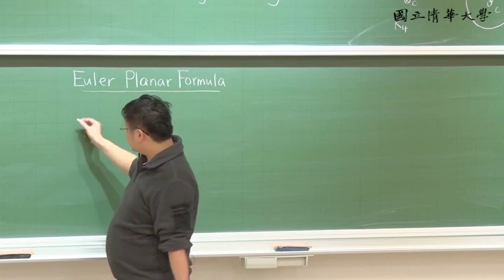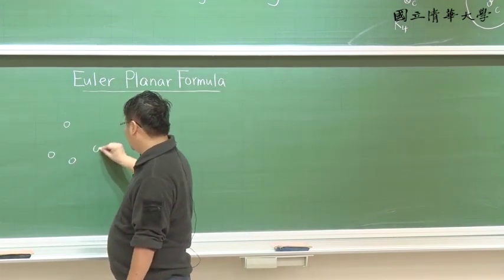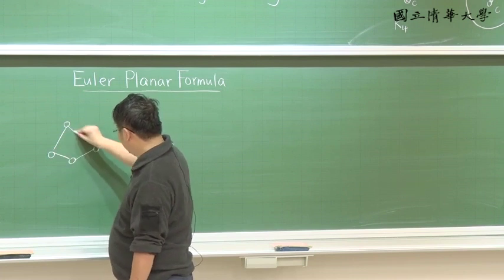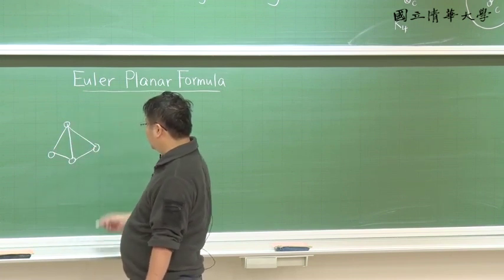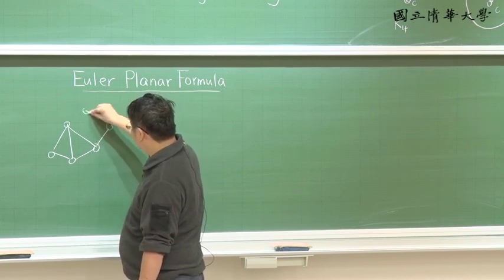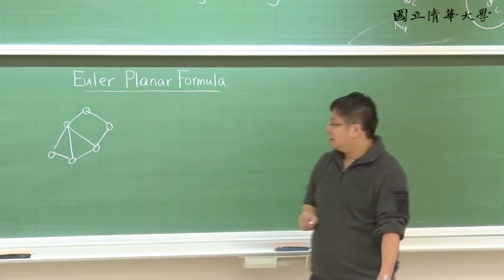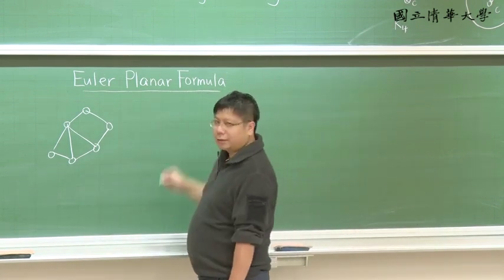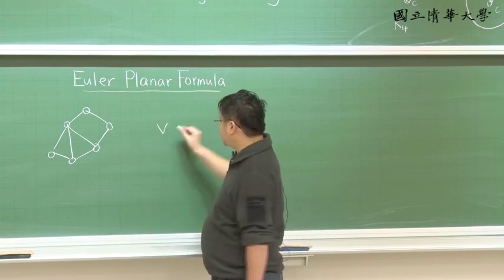Okay. So let's draw a planar graph, for instance. Okay, so this is a planar graph. Is that okay? Now, for simplicity, let us use V to denote the number of vertices.